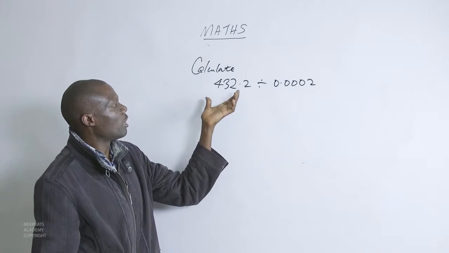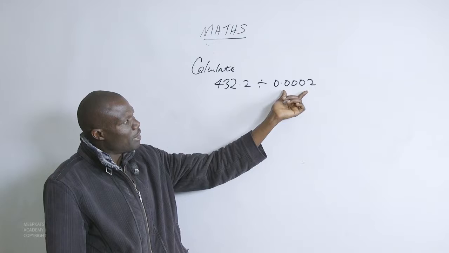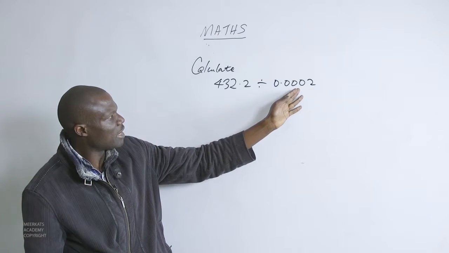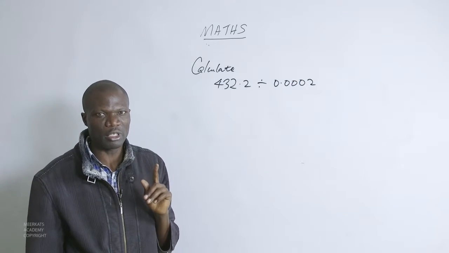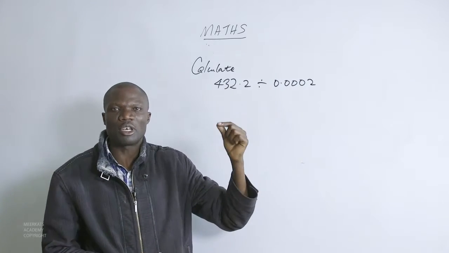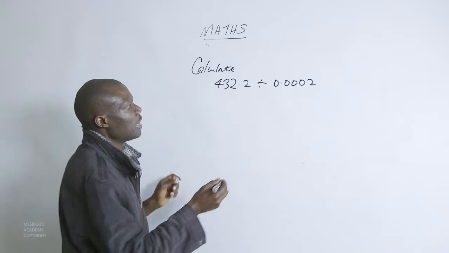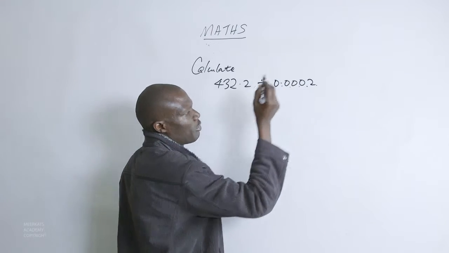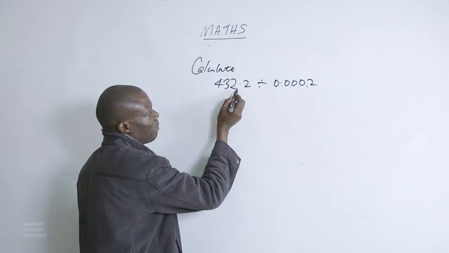Now, our dividend has one decimal place, but our divisor has a good number of decimal places, about 4 decimal places. As we said earlier on, whatever happens on the divisor should also happen on the dividend. So in this particular case, the decimal point here needs to move 4 steps to the right. And the same will apply here.